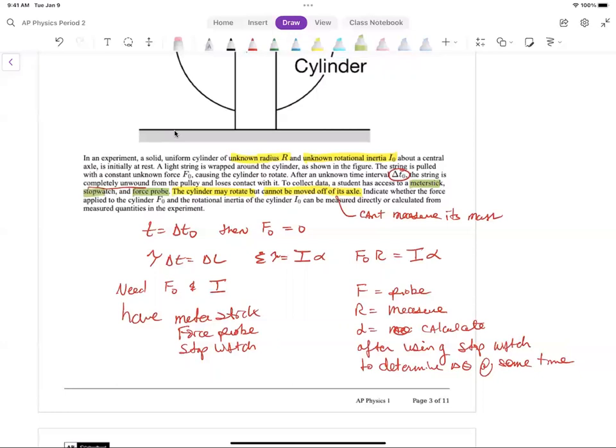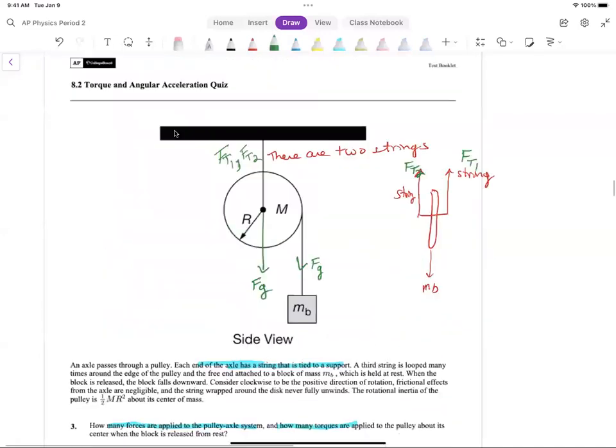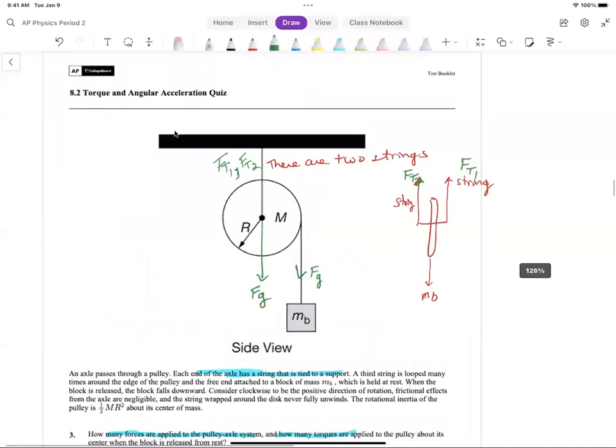Because, like what we did in class, we can find delta theta after some time, and we know the initial velocity is 0, and then I can calculate alpha. And once I have the torque, from the force, which I measure directly, and R, which I measure, I can calculate this angular acceleration, which means I can determine I. So essentially, force can be measured directly, and I we're going to have to calculate from measured quantities.